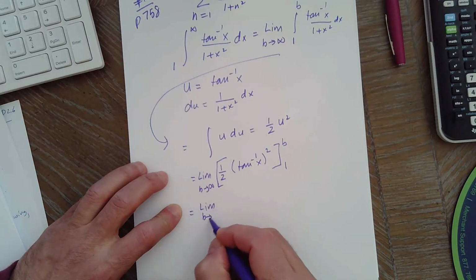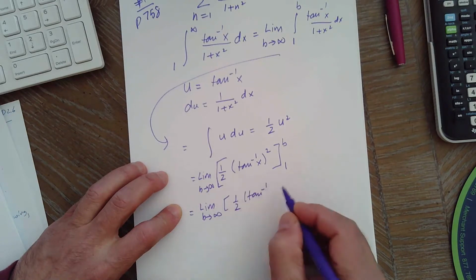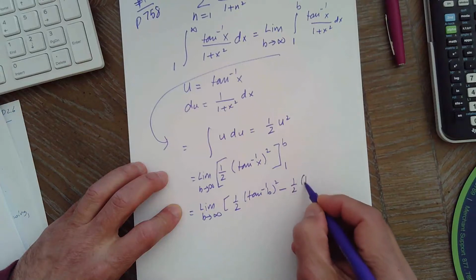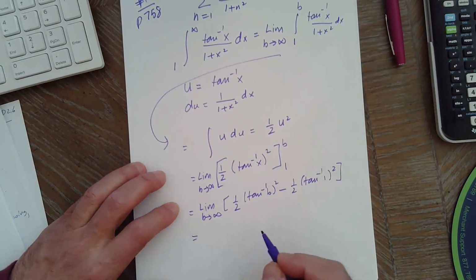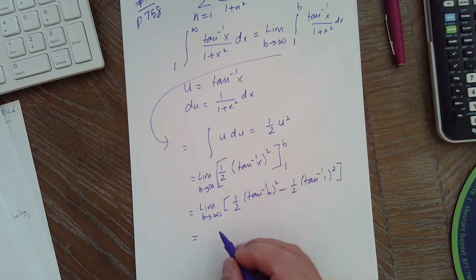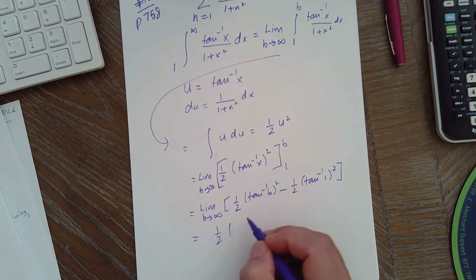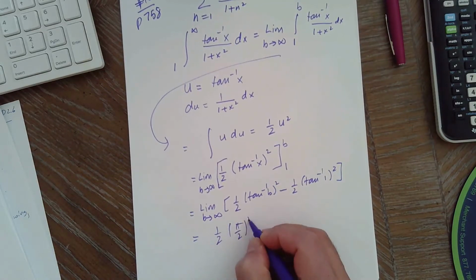So let's plug the limits in first. Half tangent inverse b squared minus half tangent inverse 1 squared. So tangent inverse infinity, that's going to be pi over 2, right?